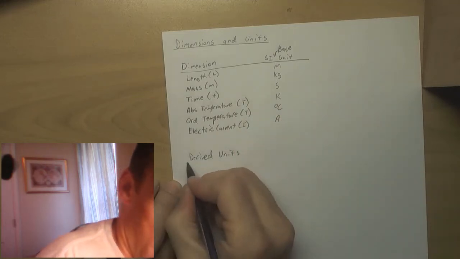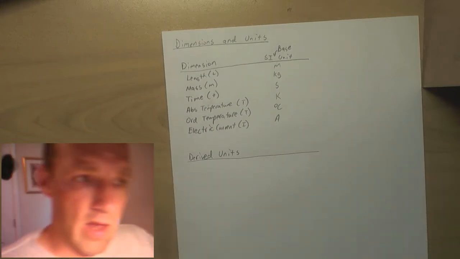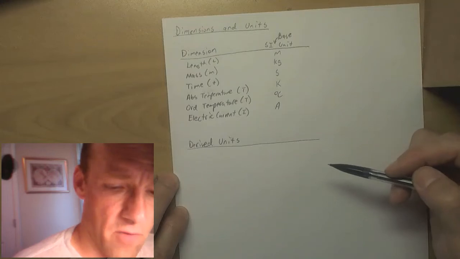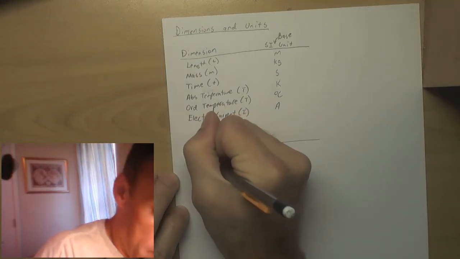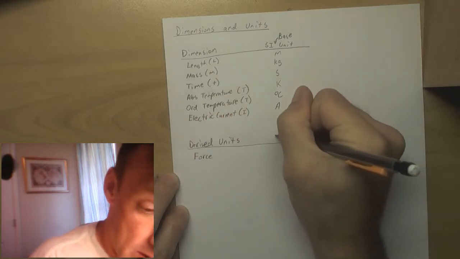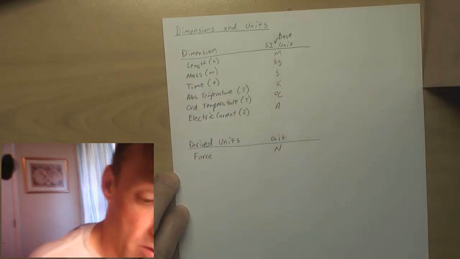Okay. And derived units are basically just combinations of the base units, all right? So there's a derived unit for force, and its unit is newtons.